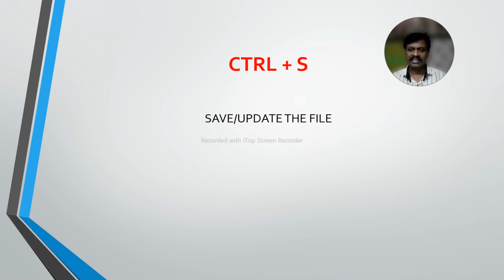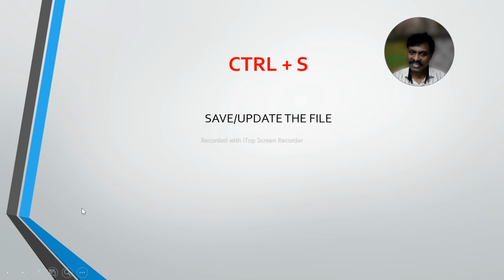Control S is used to save the file or to update the file. The first time you press Control S is whenever you create a new document. If you press Control S, a dialog box will appear. Once you save the file with some name, from then onwards, if you press Ctrl S, will it show the dialog box? No, it will update the file.